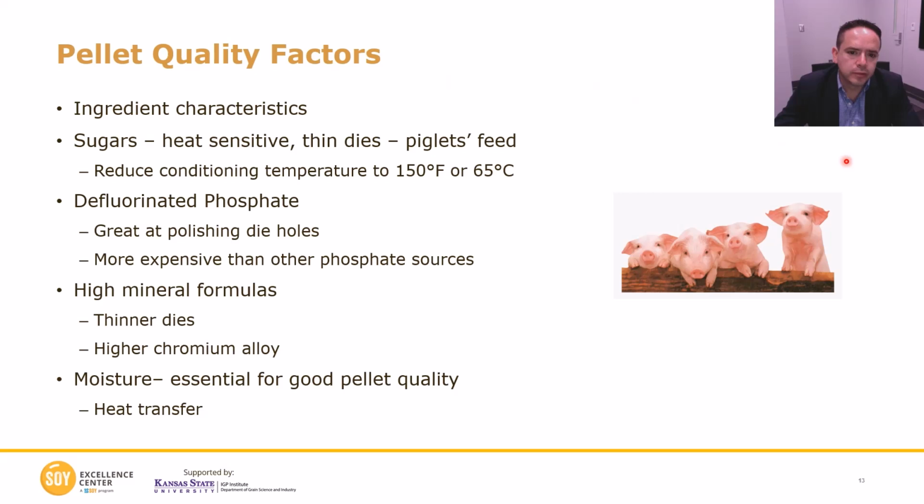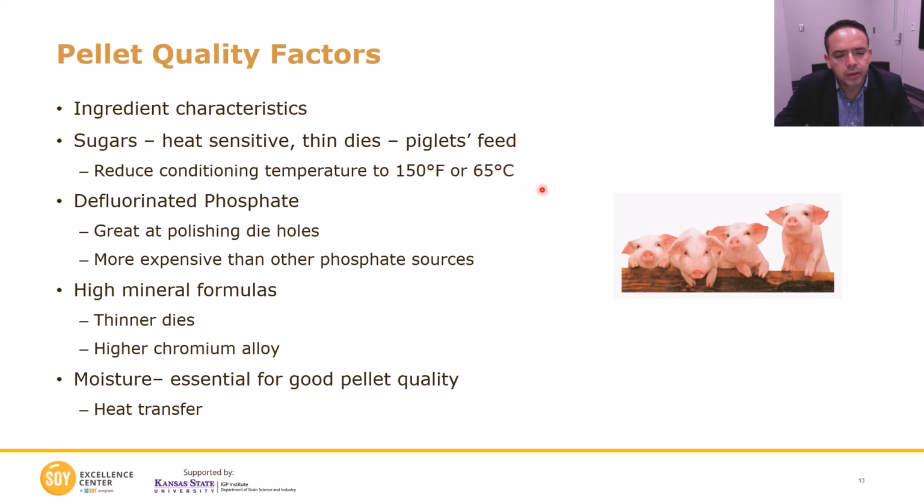Also, if you have a feed mill that produces feed for piglets, most likely you are going to have a diet that is going to contain a lot of sugars. These sugars are going to be heat sensitive, and the idea here with these diets is to maintain a low conditioning temperature.